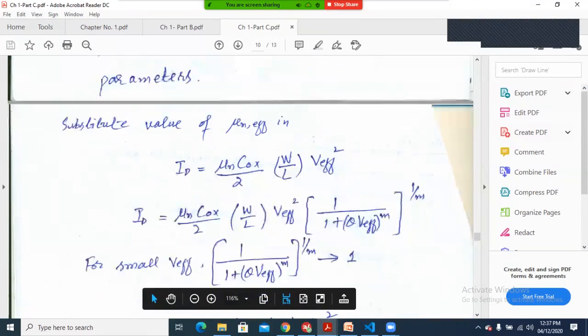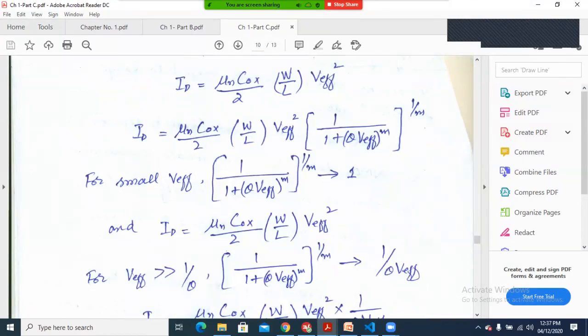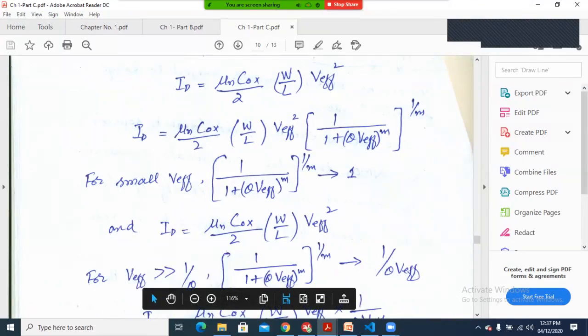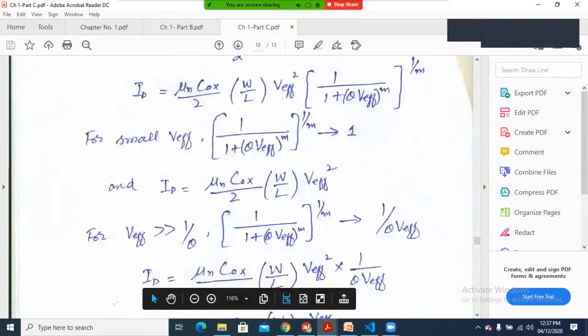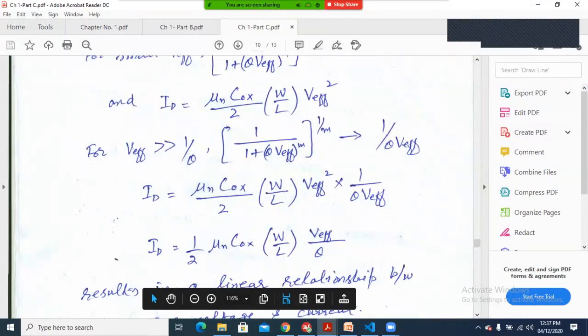For small VF, this entire component is equal to 1. And for VF much larger than theta, this component is equal to 1 by theta VF. So this is equal to 1 by 2 mu n Cox W by L VF by theta.